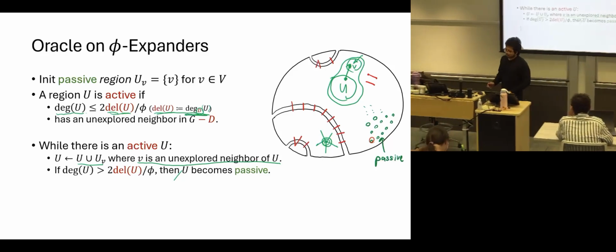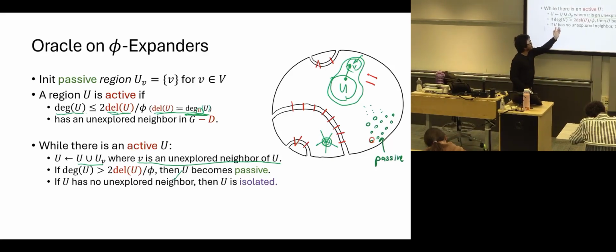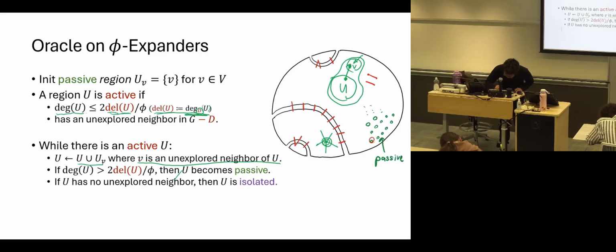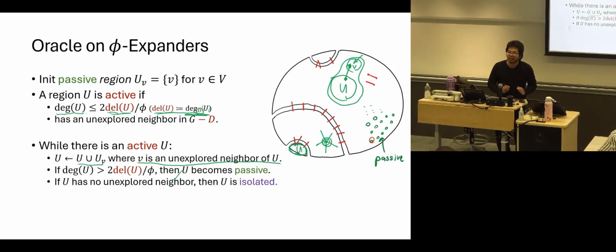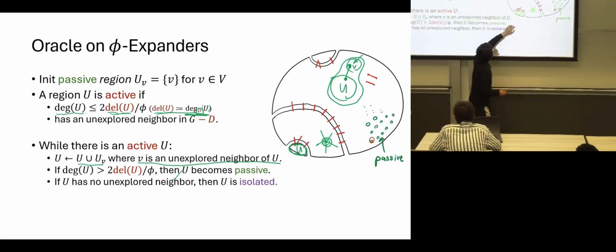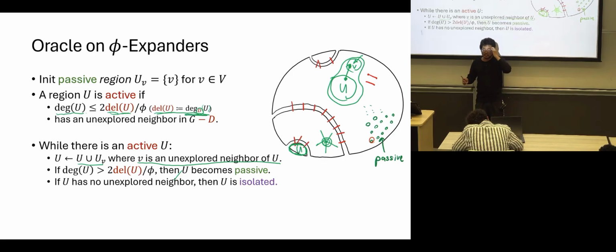But on the other hand, if after merging there is no unexplored neighbor left, for example if my region is exactly this thing U and there is no other edge in G minus D that I can go through, there is no other neighbor, then I say it's now passive.